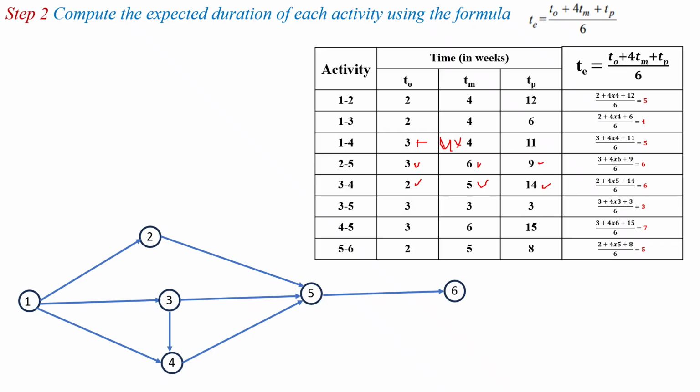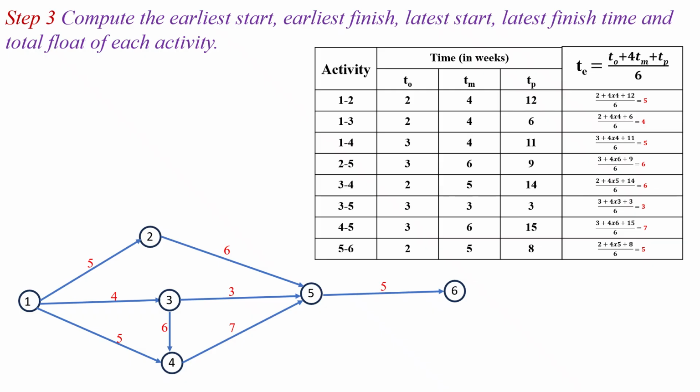Next for activity 3 to 5, 3 plus 4 into 3 plus 3 divided by 6, which is equal to 3. Next for activity 4 to 5, 3 plus 4 into 6 plus 15 divided by 6, which is equal to 7. Next for the activity 5 to 6, 2 plus 4 into 5 plus 8 divided by 6, which is equal to 5.